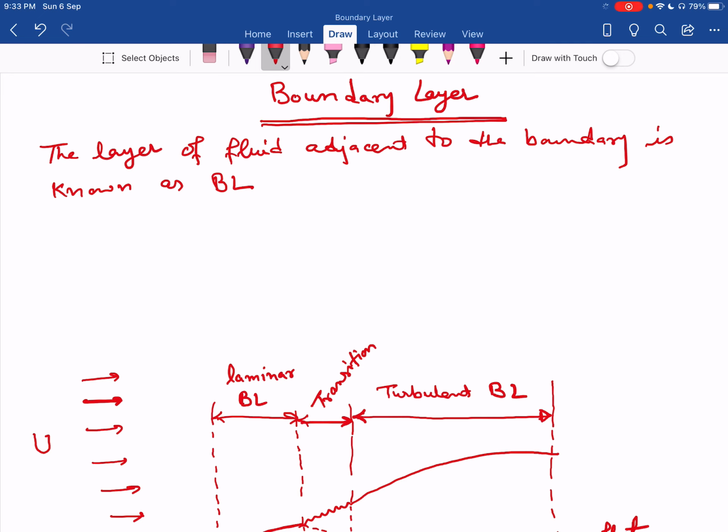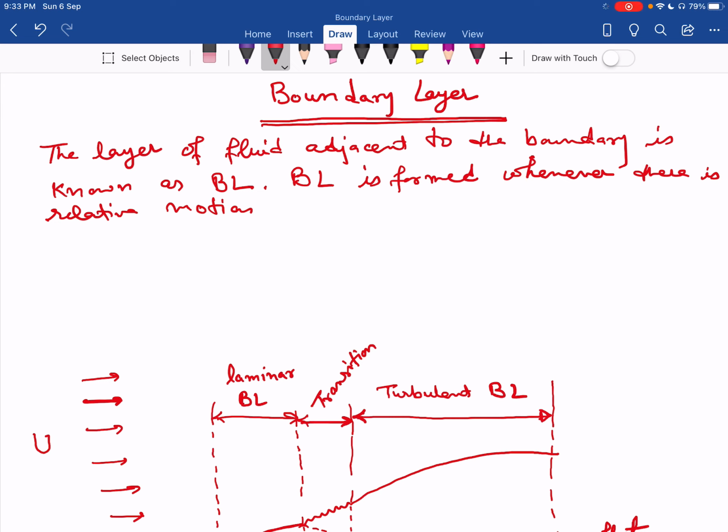Okay, so normally you can say the boundary layer is formed whenever there is relative motion between the boundary and the fluid.